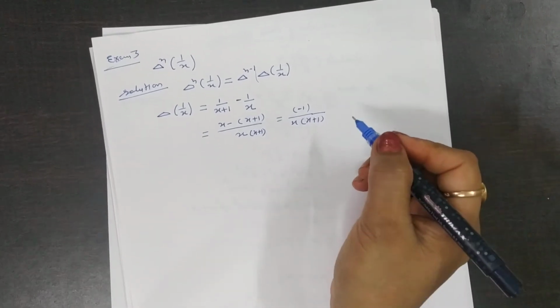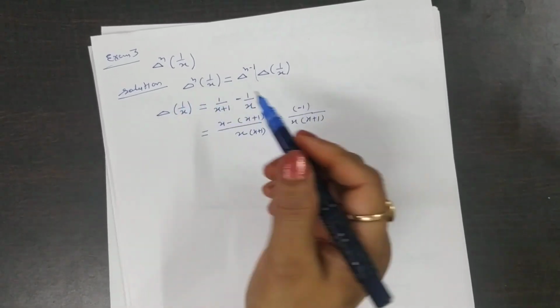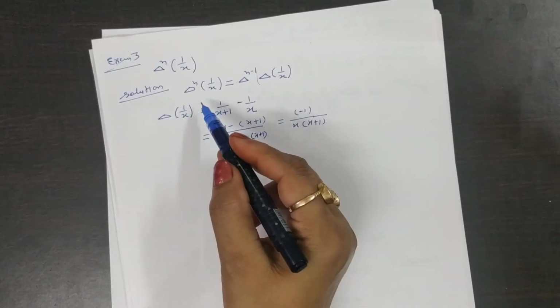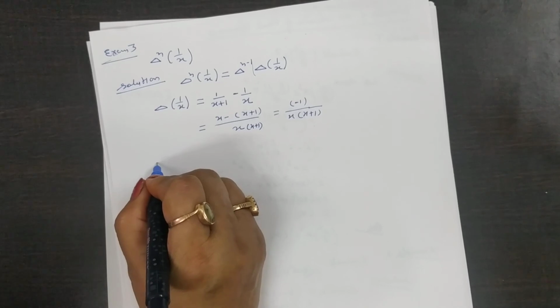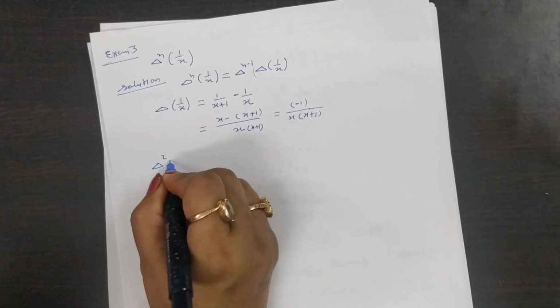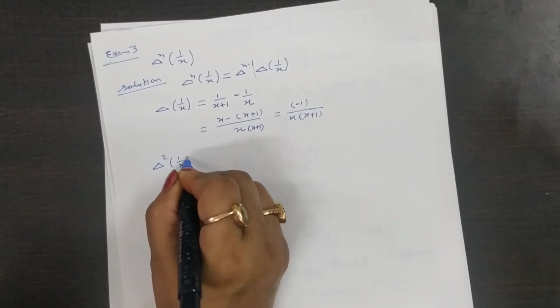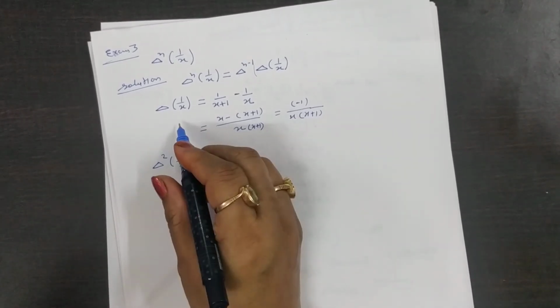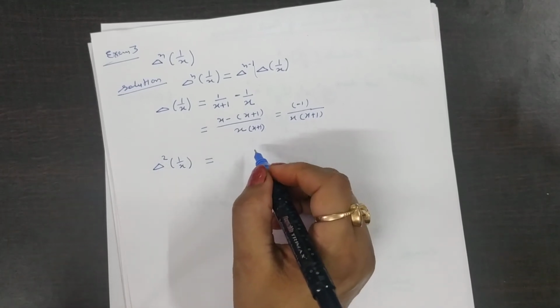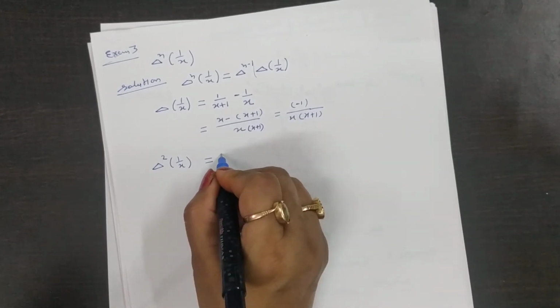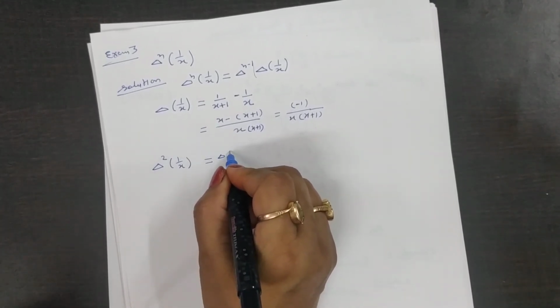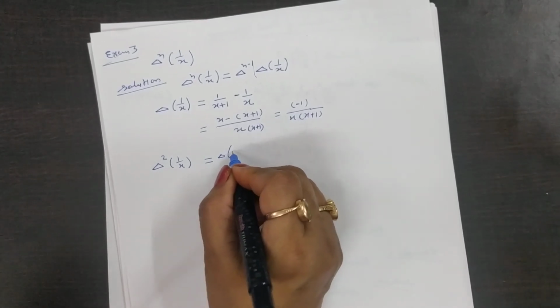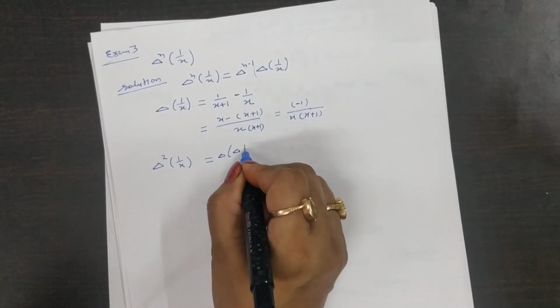Now you operate delta square, because you have to find out delta to the power n. So the second term, delta square of 1 by x, can be written as operating delta a second time on delta of 1 by x.